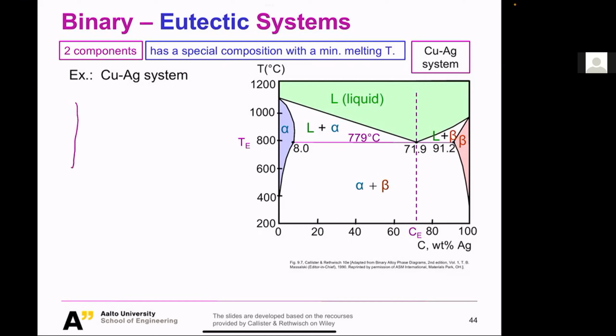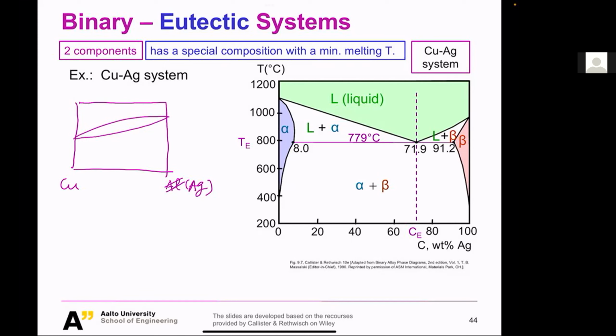We could have complete solubility of two atoms. That was about copper and aluminum, I guess. Or no, maybe copper and silver, I guess. Yeah, aluminum cannot be fully dissolved into copper. So that was the isomorphous diagram.